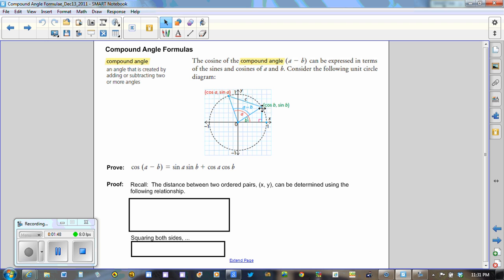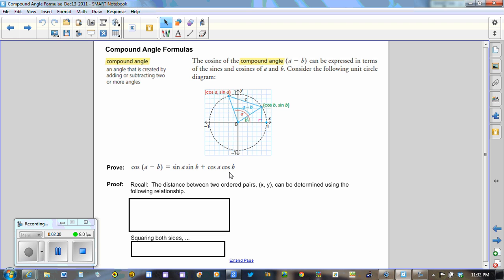The coordinates of this point on the circumference of the circle are none other than cos B, sine B. If we then determine the placement of another point, drawn by rotating through an angle of A, it would have coordinates cos A and sine A. It then follows that the angle formed here, that is subtended by an arc between these two points, is A minus B.